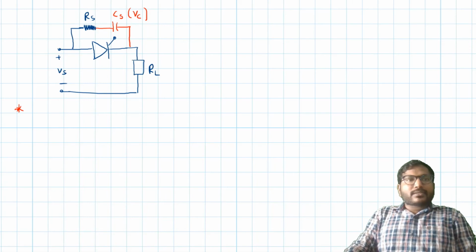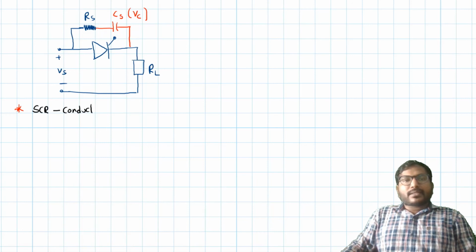consider when the SCR starts conduction. When the SCR is in conduction, that is when it is turned on, it is simply replaced by a short circuit line. Now we can see the capacitor starts to discharge in this path. This is the discharging current.